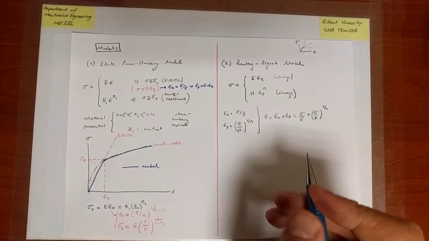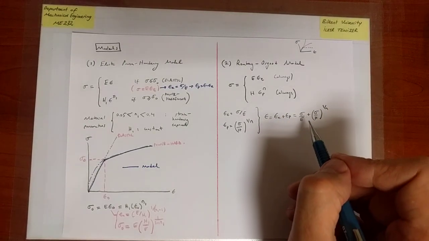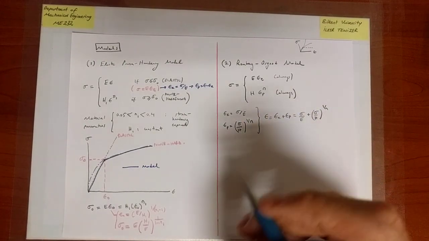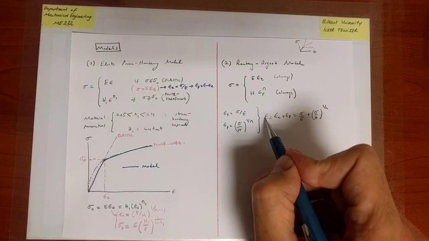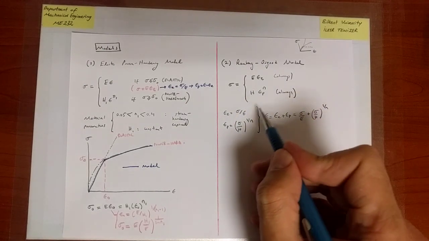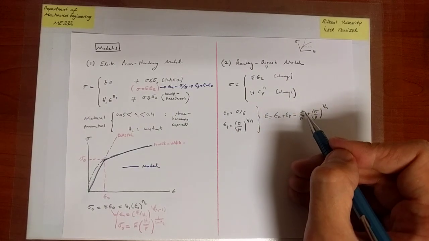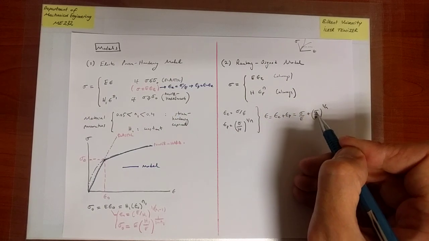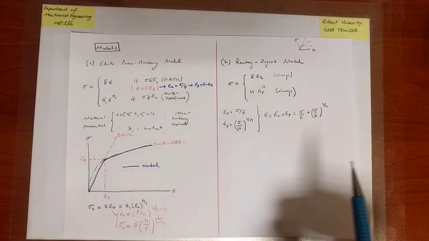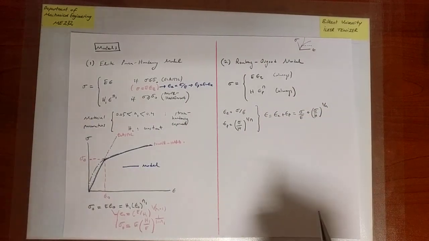Okay. Now, this is a strange relation because it sort of works in the reverse manner. My goal was you give me the value of the strain and I tell you what the stress is, but now I have a reverse relation. The relation works naturally in the reverse direction. You give me the value of stress and I can tell you what the value of the strain is. Well, not too bad actually.